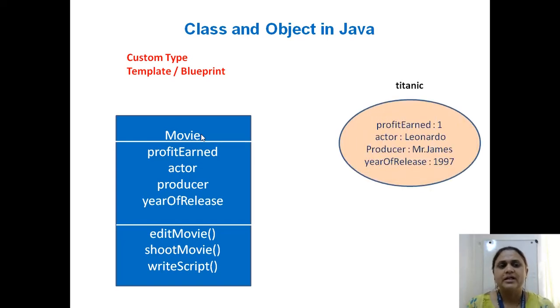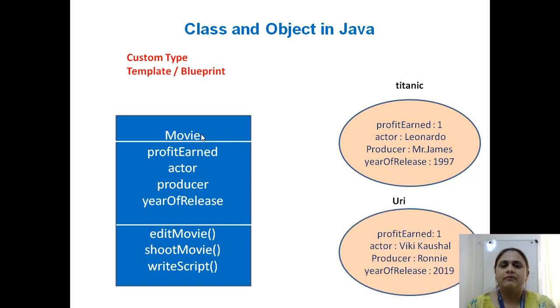I may declare it like movie Titanic. So when I declare it, Titanic becomes a variable of type movie, because movie is your own type, you can declare a variable of that type. Likewise, I can have another variable, say Uri. Uri is also a variable of type movie.